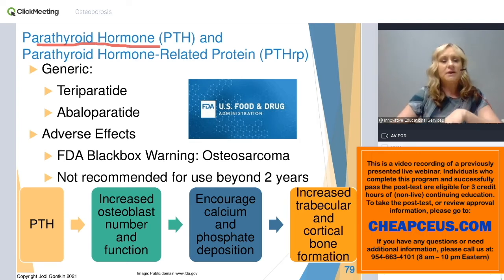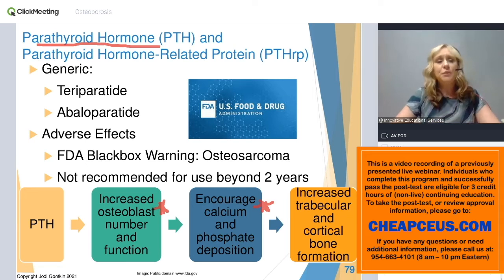What these synthetic forms do is they tend to enhance the functioning of the osteoblasts, and they're going to allow them to be more effective at depositing the calcium that's present into that trabecular bony matrix, as well as it seems to strengthen the cortical bone that is being formed for the patient.